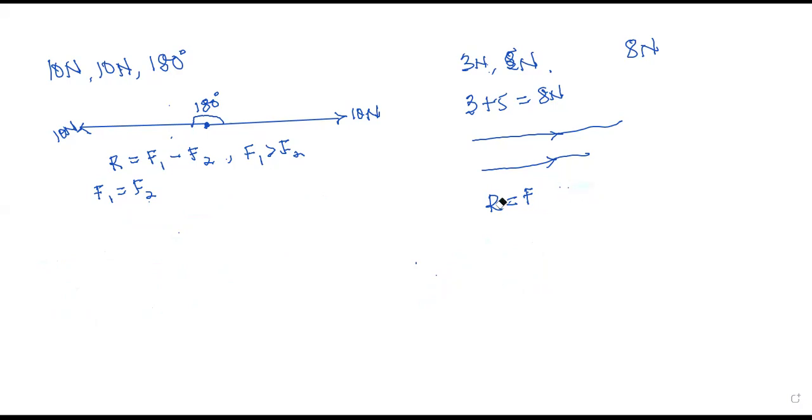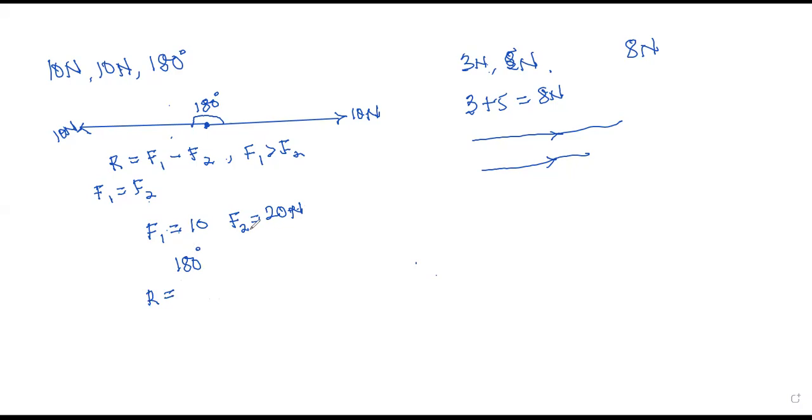This is the reason. Let's assume that the two forces, F1 is 10 and F2 is 20. I'm just assuming values. If the angle between them is 180 degrees, what will be the resultant?